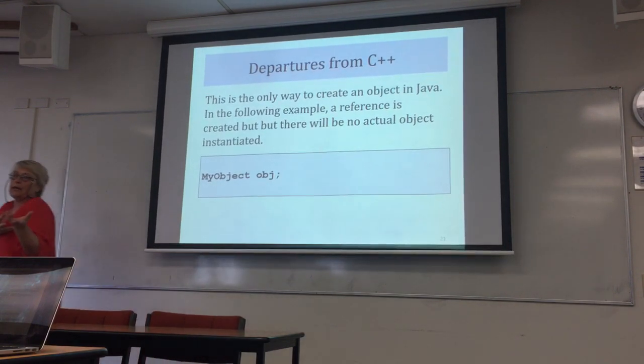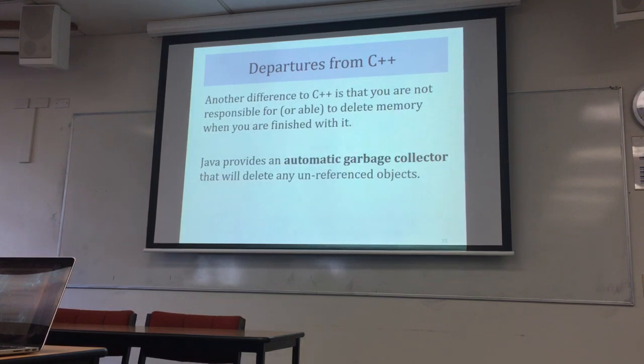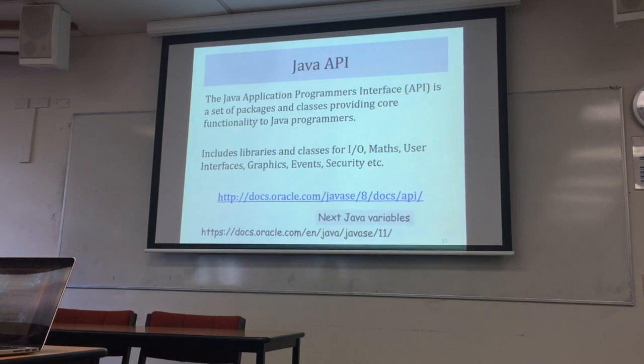But it doesn't point to anything, so it's not complete. Another difference, you don't have to worry about memory leak. You don't invoke delete on your variables, never. Delete is not used in your programs. There is an automatic garbage collector, which makes your life much easier.